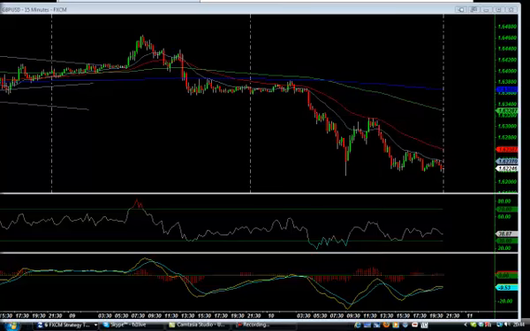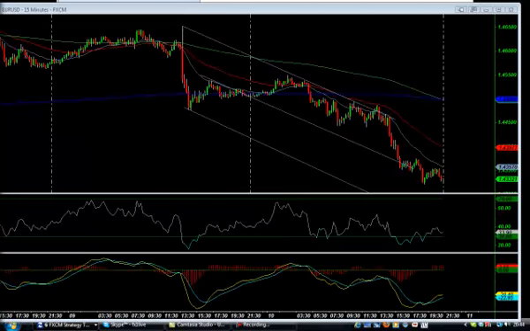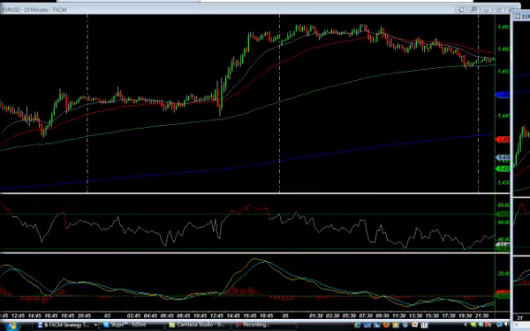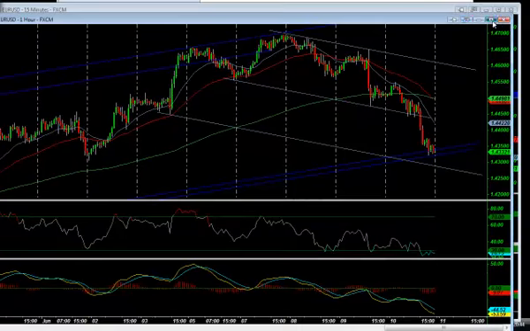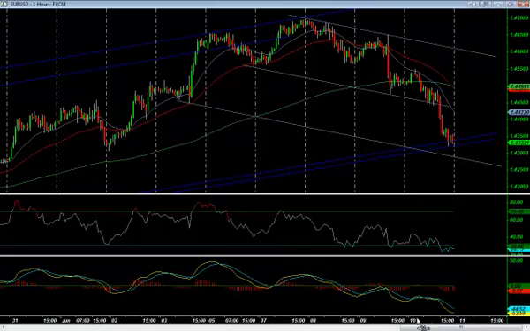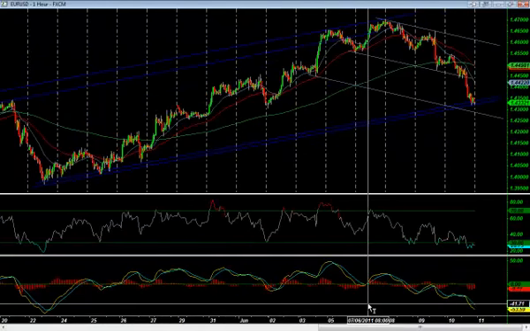Now if you look at the euro, we'll quickly run through this on the 1-hour chart. You can see we've come down to a channel line here on the 1-hour chart as well. This adds some credence to the pound dollar trade, because although there aren't any Fibonacci levels down here for the euro dollar, if we're looking for pound strength, we're looking for dollar weakness.